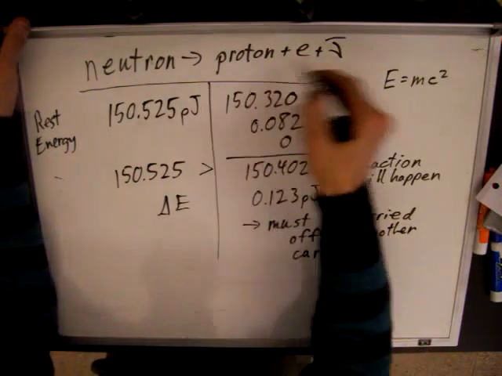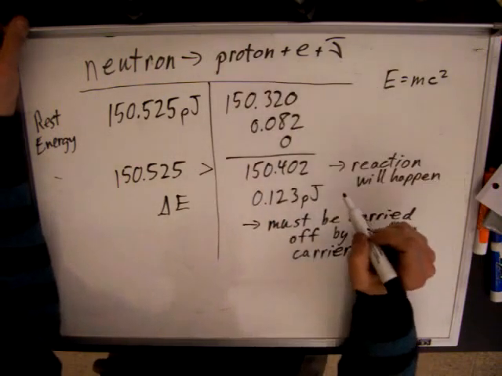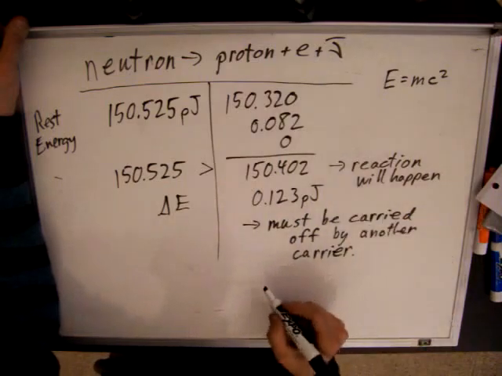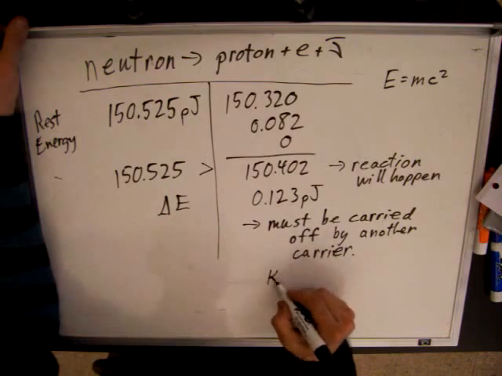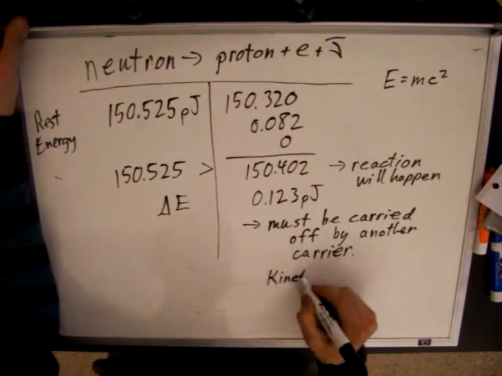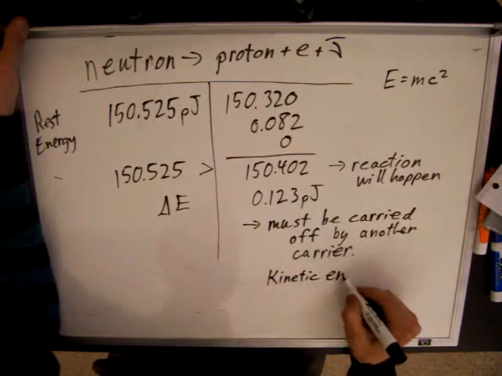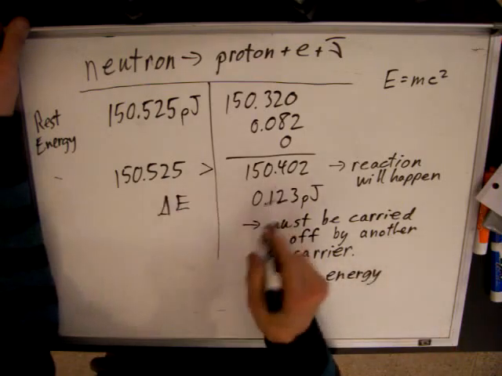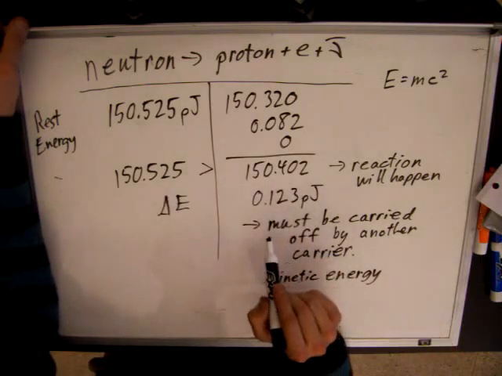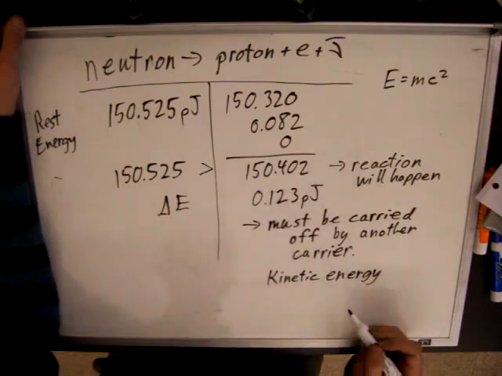In the case of the proton, the electron, and the antineutrino, it is kinetic energy. So the result of this reaction is that you get 0.123 picojoules of kinetic energy.